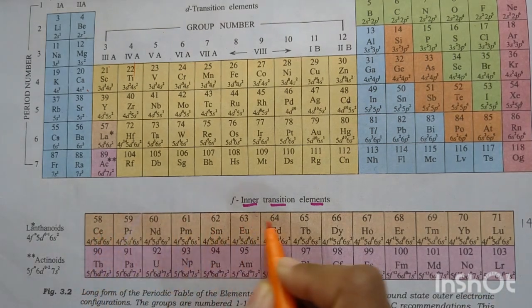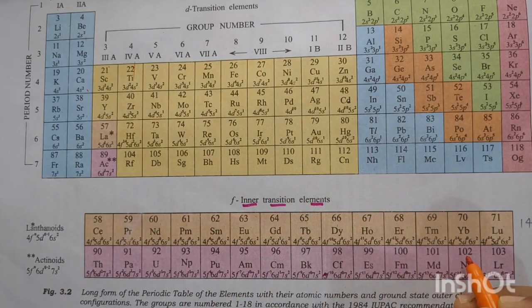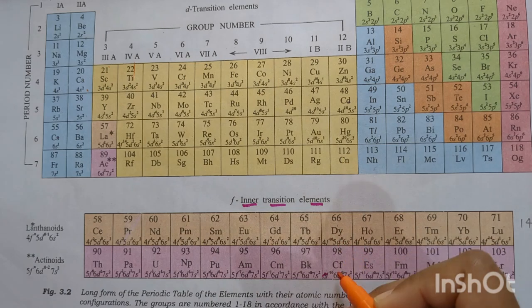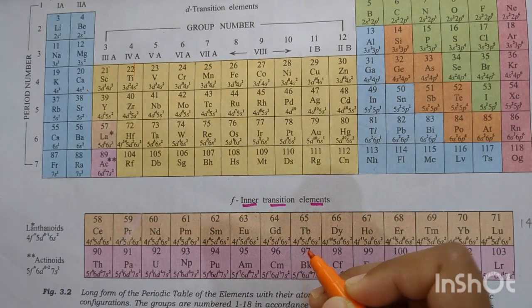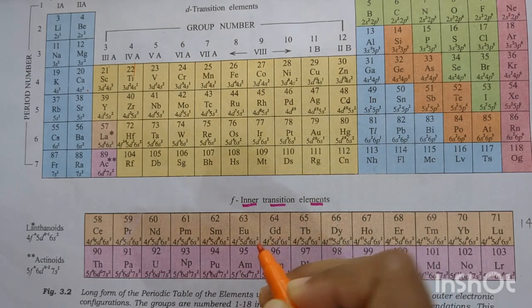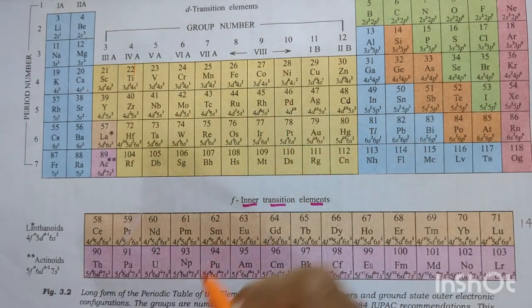The 4f and 5f inner transition series are placed separately in the periodic table to maintain its structure and preserve the principle of classification, by keeping elements with similar properties in a single column.